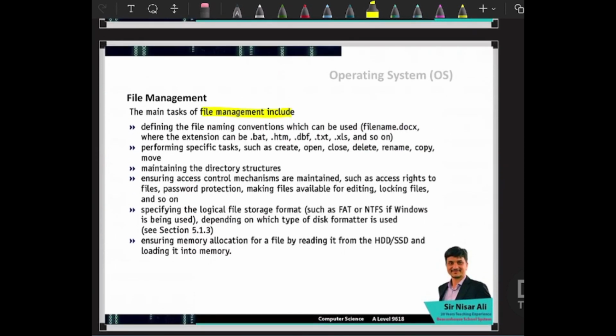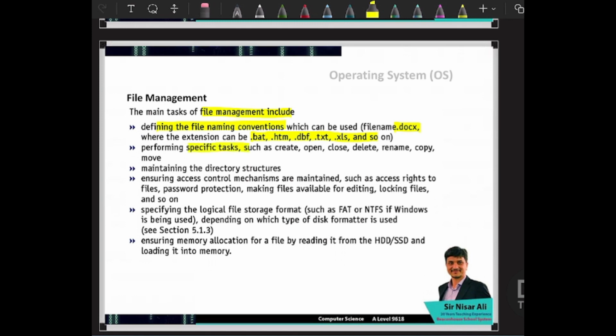File management includes defining the file naming convention like .bat, .htm, .dbf, .text, .docx. These are the extensions, and they tell the type of application in which the files are opened.